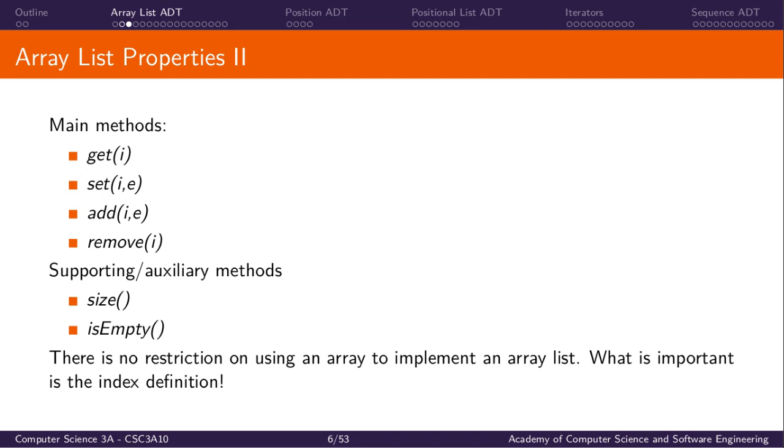So we can now access and modify elements within our list using an index. However, it doesn't mean we have to implement it using an array. We can implement it using a variety of concrete data structures as long as we're able to implement all these methods that we are discussing. All right, I see a couple of questions asking for a little more information on set and add. That's what we'll look at in the next couple of slides.